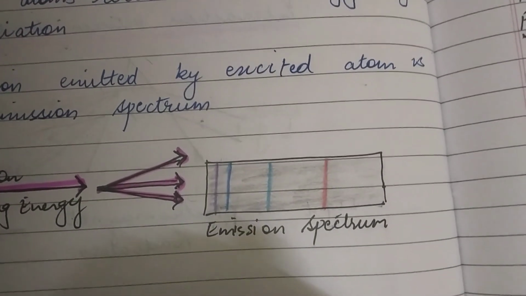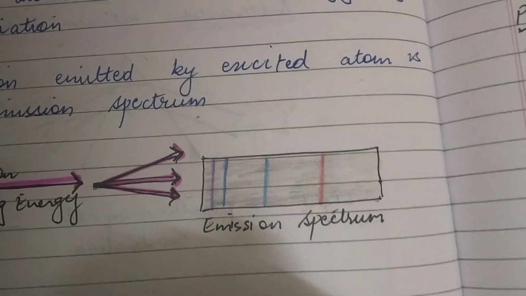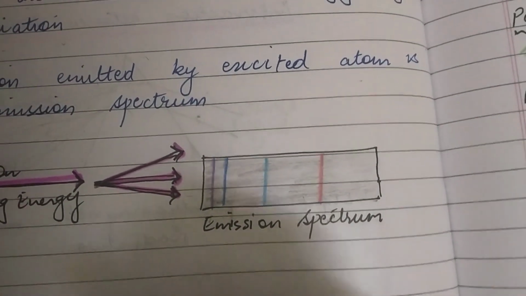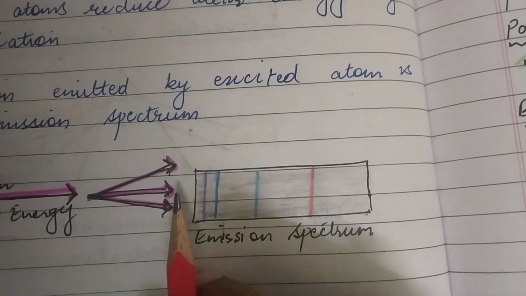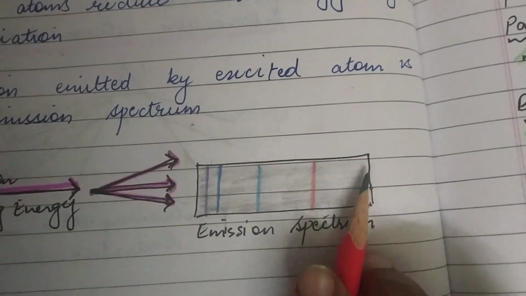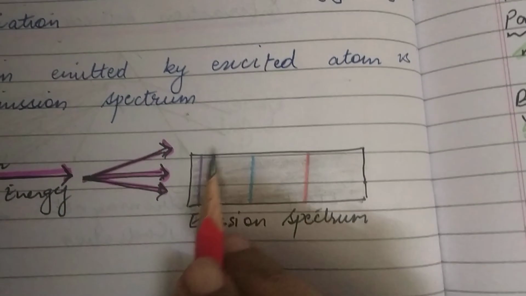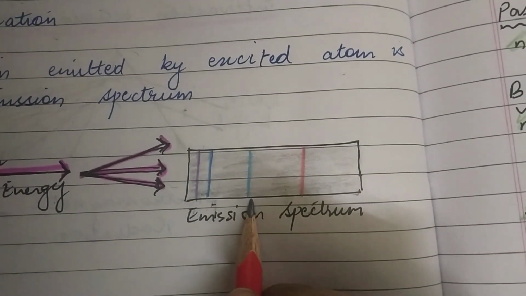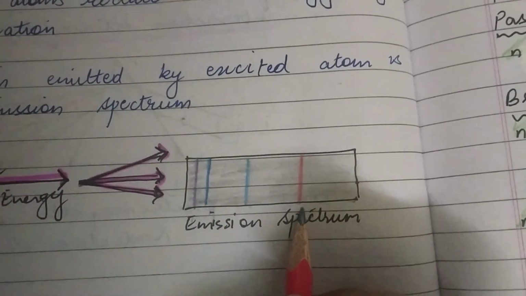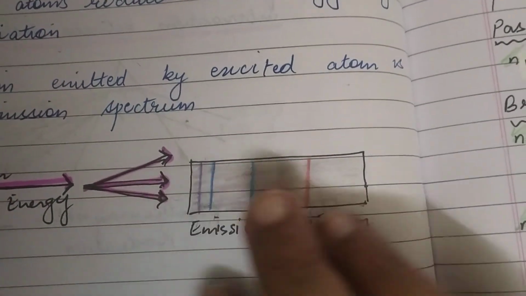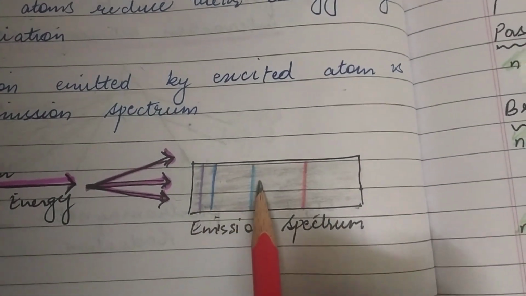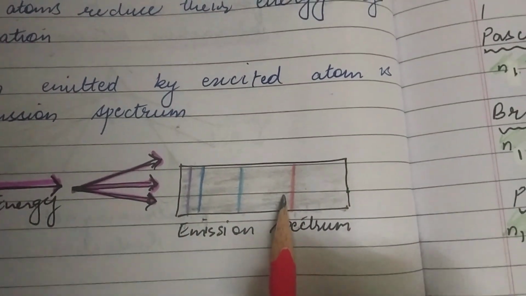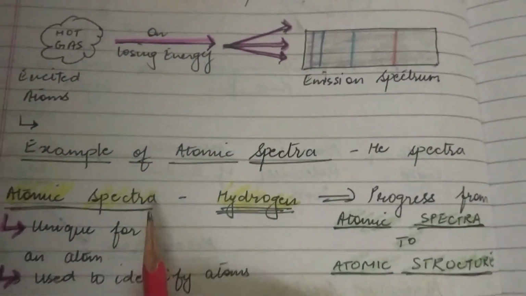The wavelengths that were absorbed by the gas molecules were absent. That is why those dark lines were there on the continuous background. In the emission spectra, all the other wavelengths are absent, and only the ones that are emitted we can see in the form of colored bands against a black background. So only the emitted wavelengths in the form of colored bands are seen against a dark background.